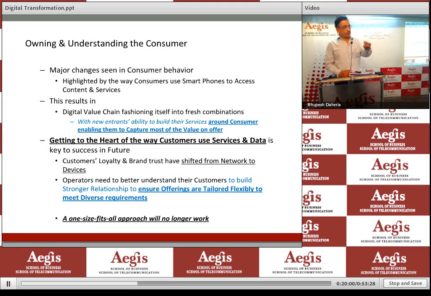But more important is your own systems and processes, so that you can do faster, let us say, activation, deactivation, or faster fault repair and all that. So how you make systems and processes plays a very important role.